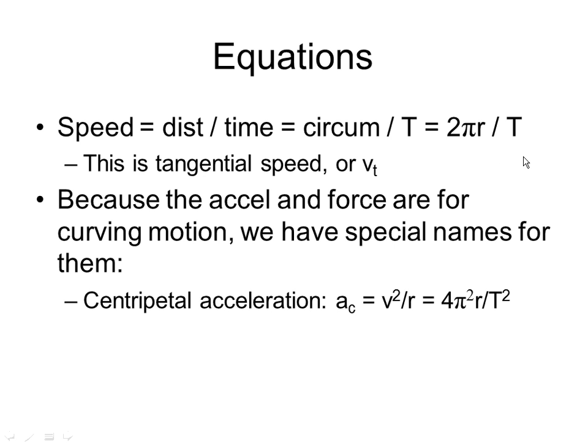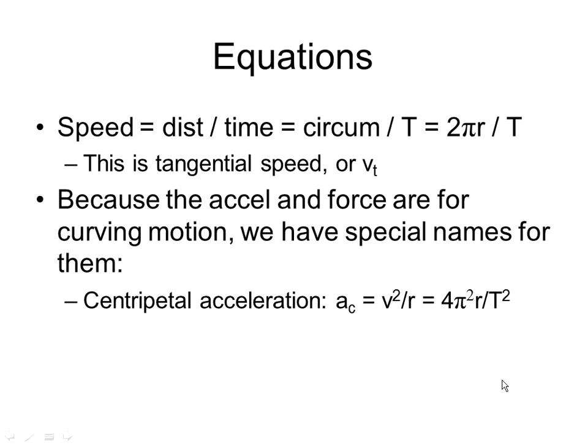One of those r's is going to cancel out on top with the one on the bottom, and that's what we're left with: 4 pi squared r divided by t squared. So that's the derivation for this one. Most of the time, it's just fine to go along with this, but I like to show the most fundamental equations to really understand how things work.